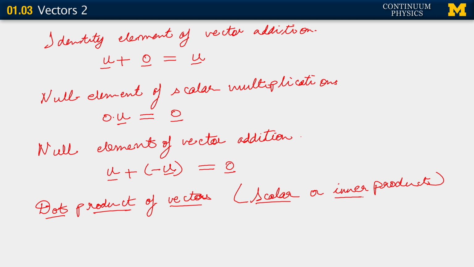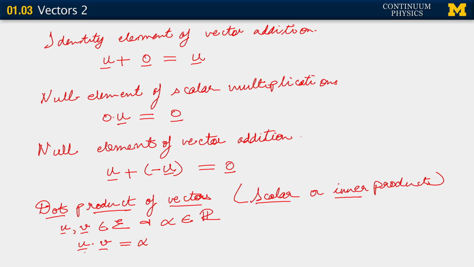This is something that you're all very familiar with, and the way this works is the following. We say that if u and v belong to E, and if alpha belongs to R, then the dot product of u and v is written as u dot v equals alpha. Okay?